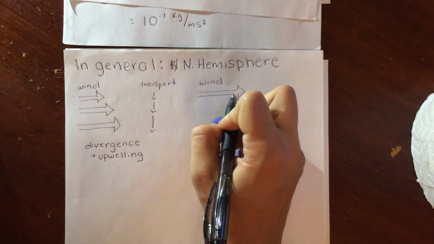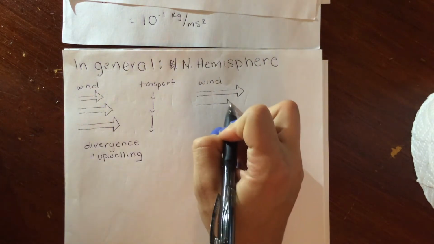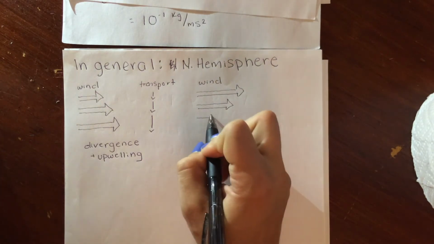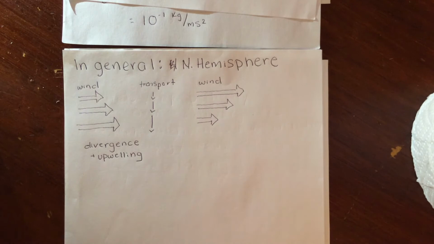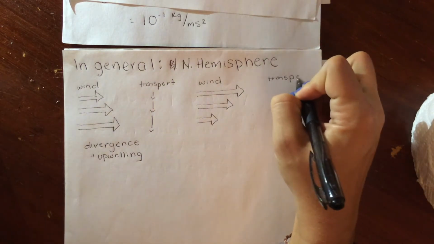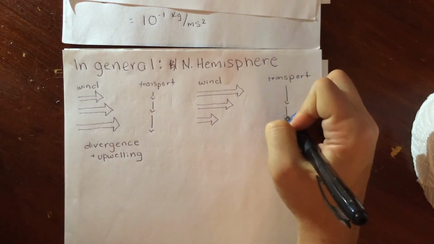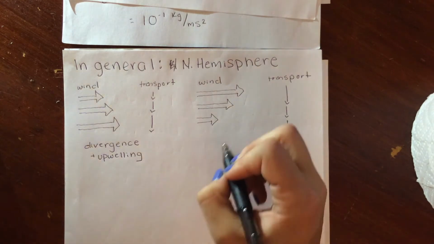On the other hand, like in the example before, if our wind is getting smaller or decreasing in the y direction, and we have a negative gradient in wind stress, the transport will build up and converge, forcing downwelling.